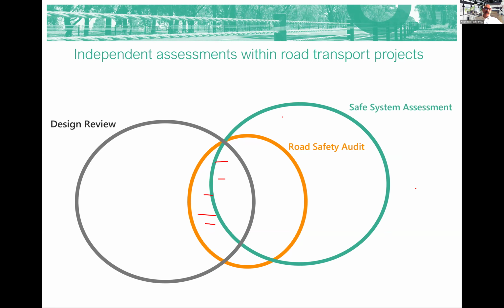Safe system assessments overlap a little bit with some of the design review and road safety audit work, but they certainly have stuff that sits outside. And it's associated with the way it's done, the way it's presented and what we use it for. Some people confuse safety in design with safe system assessment or a road safety audit. That's another exercise in its own right.